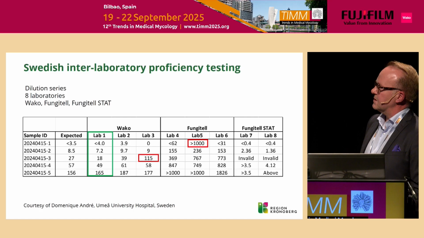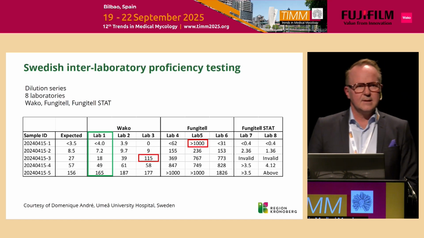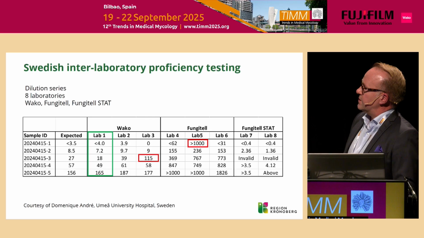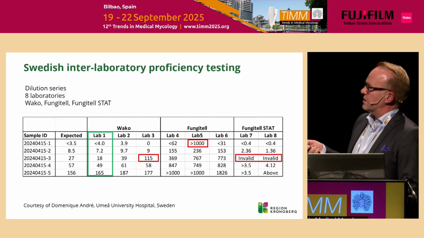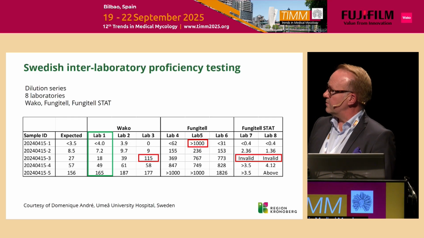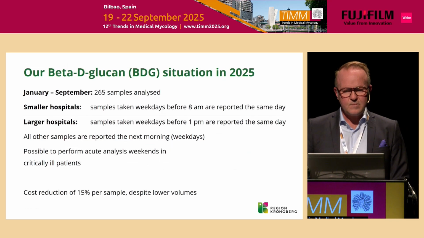I'm not sure how this happened, if it was a mix-up of samples or when entering the results in the reporting system, because this is very strange. And with Fungitel stat, there was one sample, number 3, which generated invalid results for both labs. Again, I don't have any explanation for this. But we were very satisfied with our performance here and continued using this.